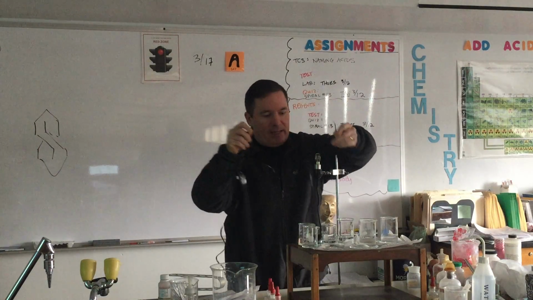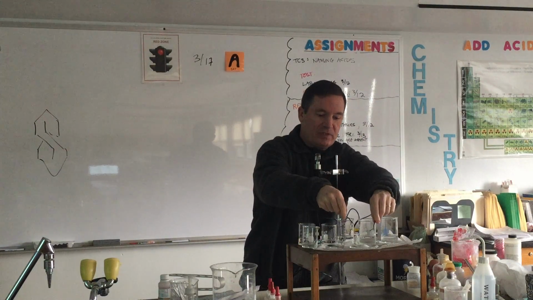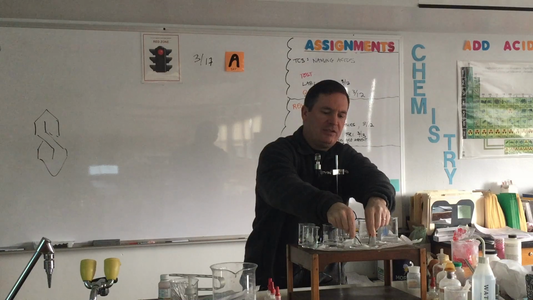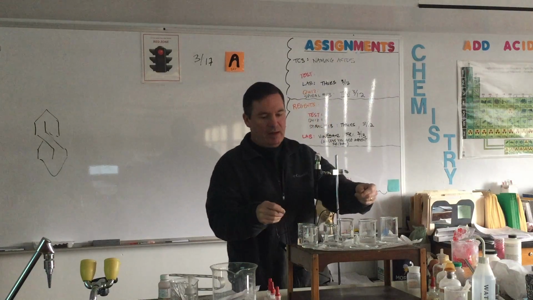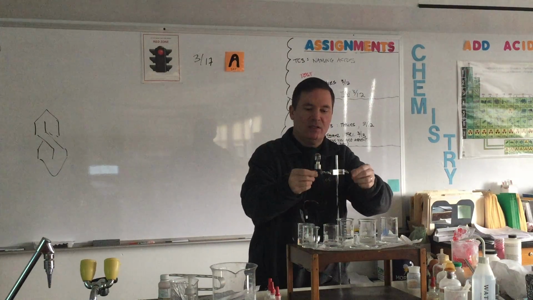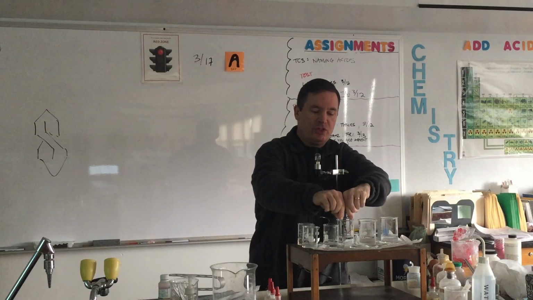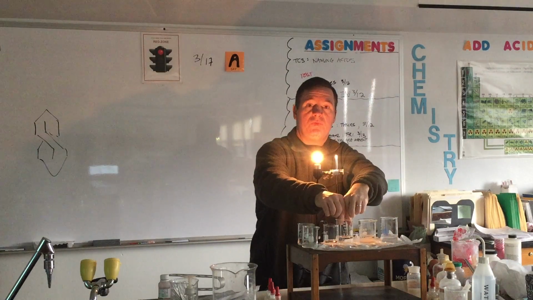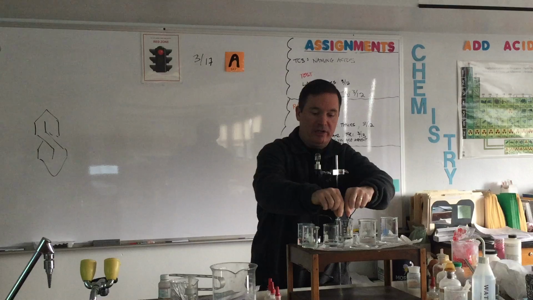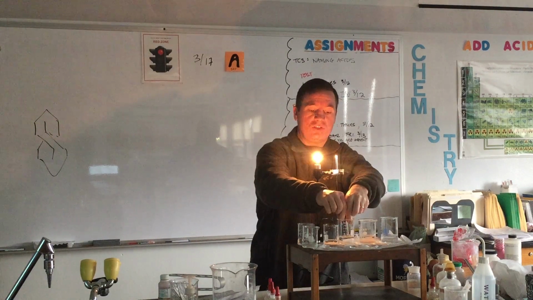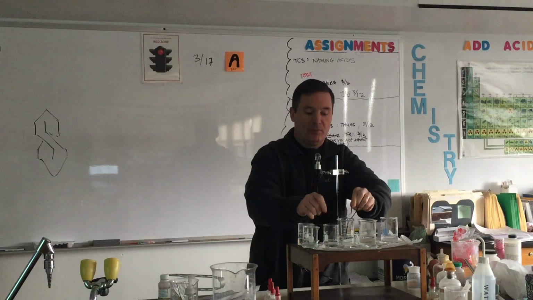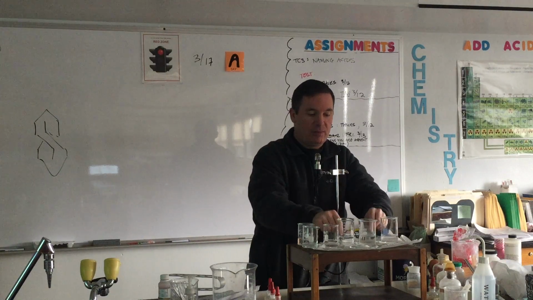Now if I take an ionic solid like salt, I've just got a pile of salt here, and I stick it in there, it's not going to do anything. The electrons can't flow in there. However, if I stick the electrodes in a solution of this, I'm not touching the wires in there, it's just in liquid, which is water, it will allow the electrons to flow. Okay? That's the demonstration.